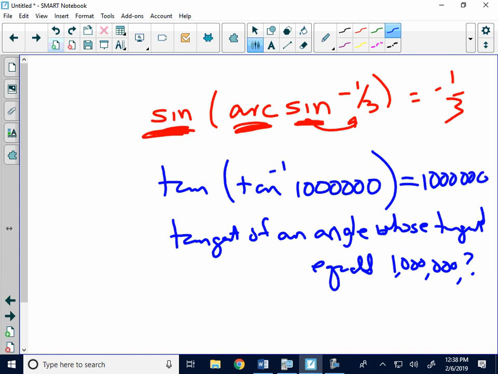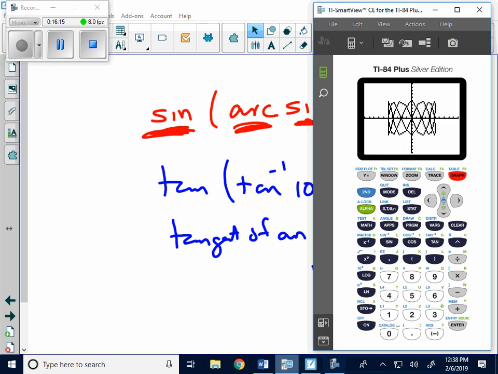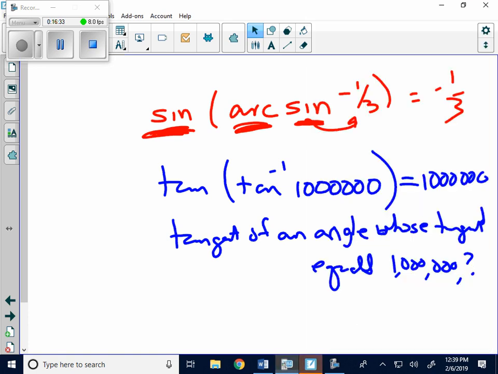Silly questions. If I threw that up on my calculator, what is the tangent of the arc tangent of 1,000,000? Mr. Machine, tell me what it is. Oh, it's 1,000,000. Okay, so not too hard.